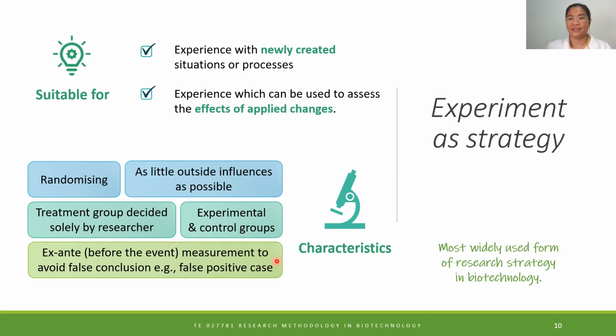Another point about experiments is that you should always do the before-event measurement to avoid false conclusions. Okay, before the event means that when you are doing your experiment and you expect that there will be some changes, you should always have the initial values.